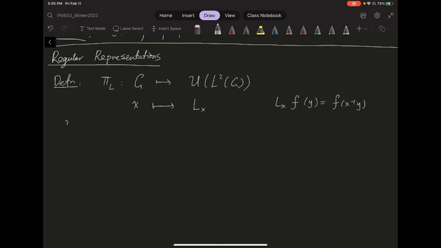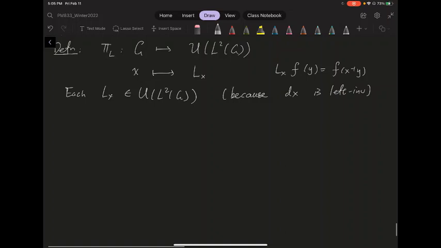So for each x, this Lx is inside the unitaries of the L2 of G, just because the Haar measure dx is left invariant. Now you have Lx inside the unitaries, and if you translate by Lx and then by Ly, it's L of xy.